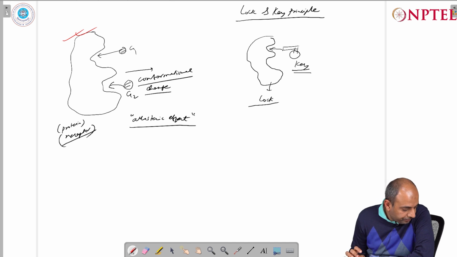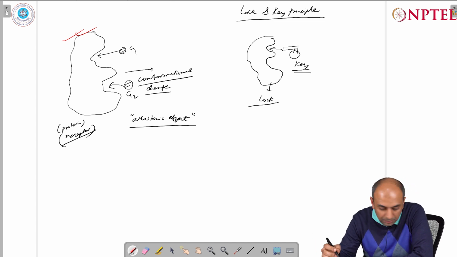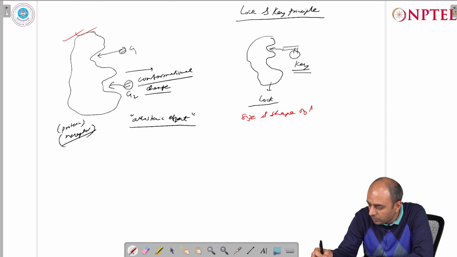So, we need to keep in mind the size and shape of the guest molecule when it interacts with the site of a protein.